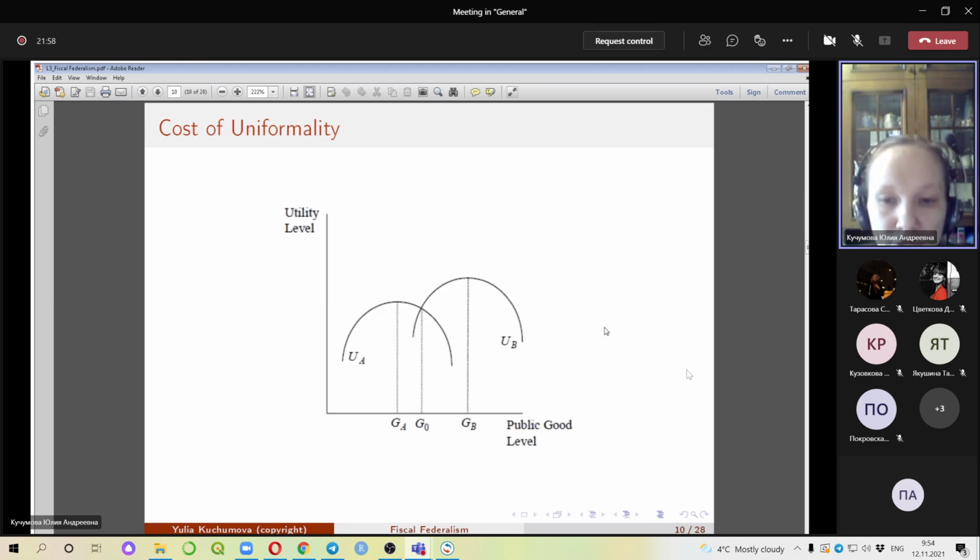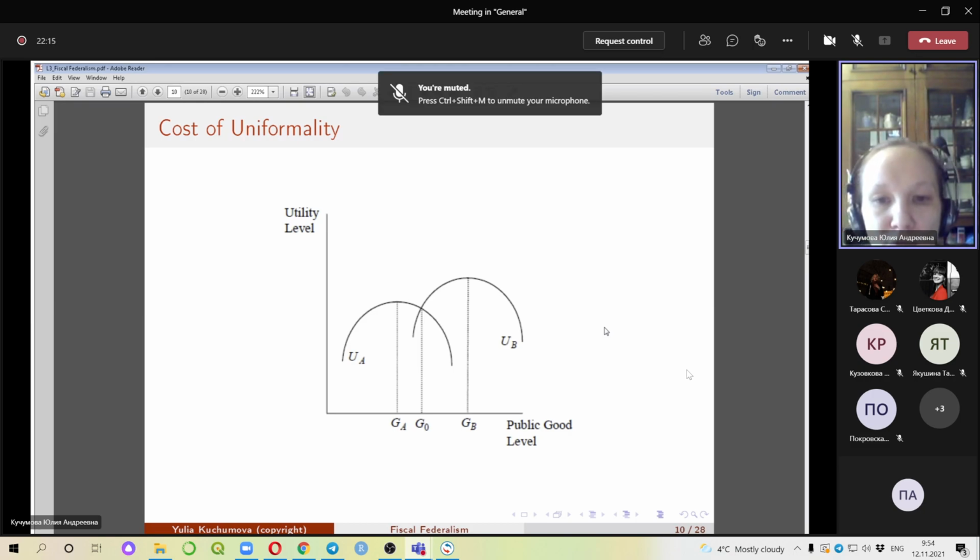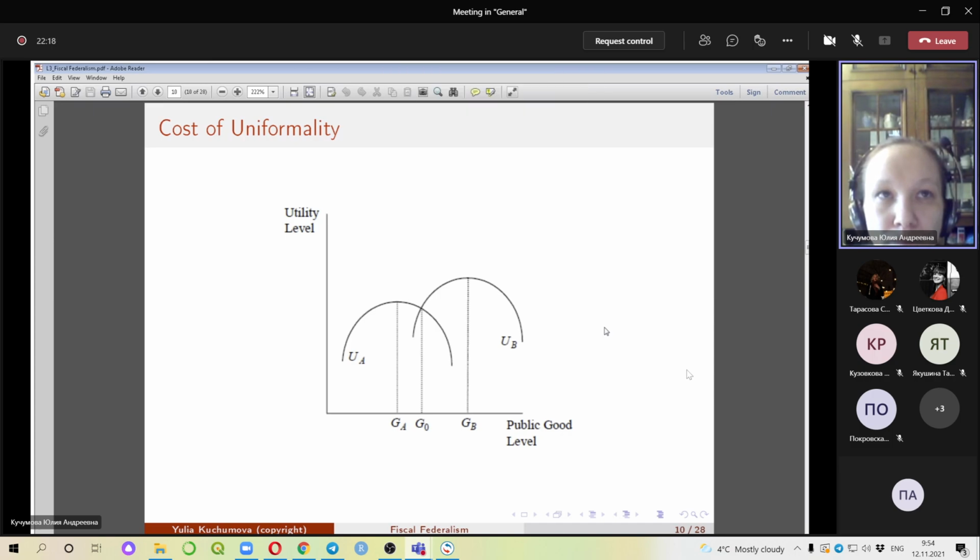So here's a graph that is going to illustrate what we just described mathematically. These inverse U-shape lines represent the indifference curves of a person in group A and of a person in group B. And as we presume, the people in the second group like public good more.